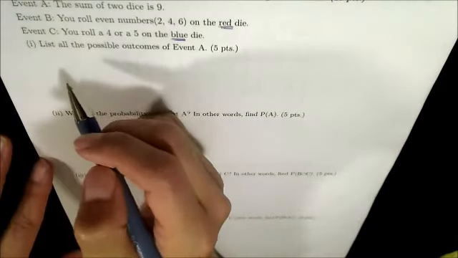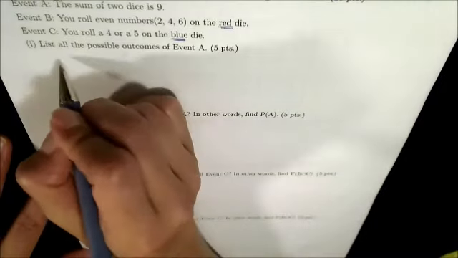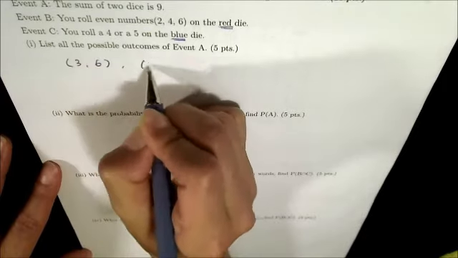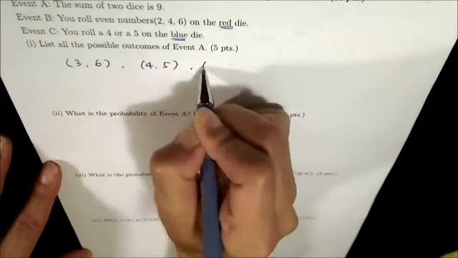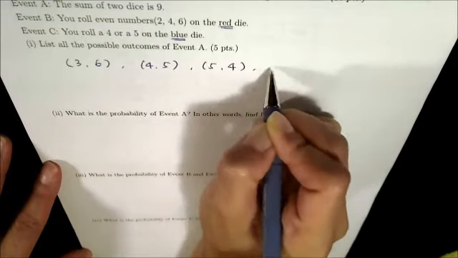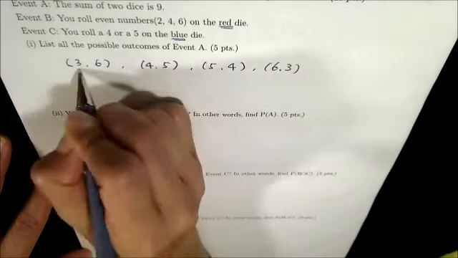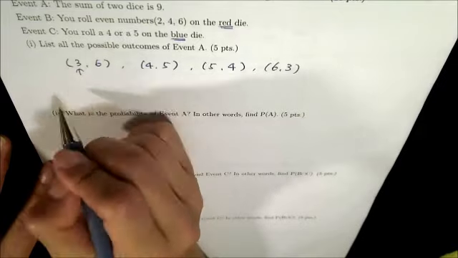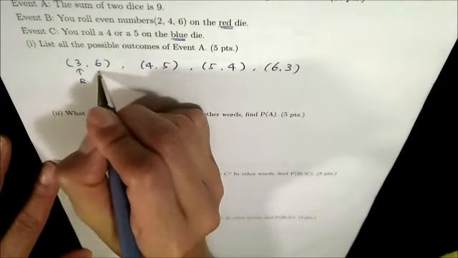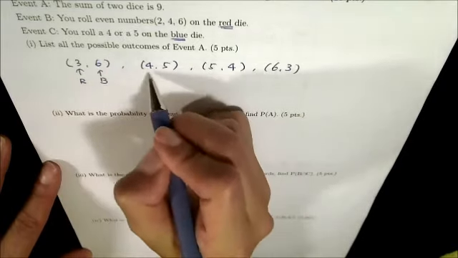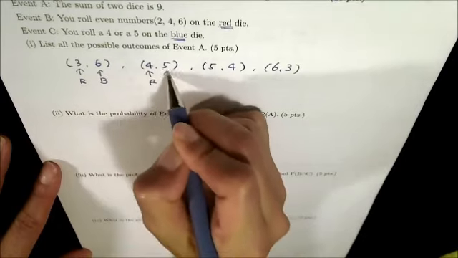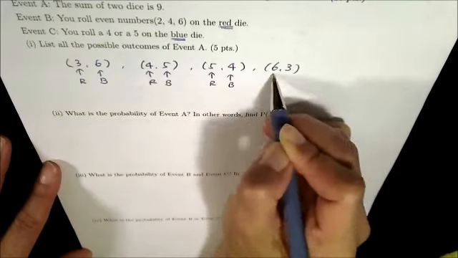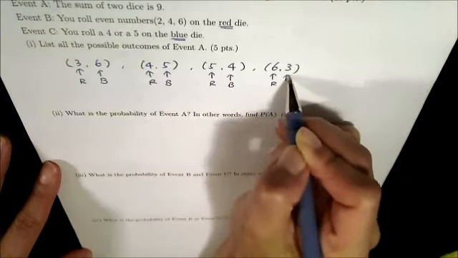So I can start, well, from maybe 3, 6, 4, 5, 5, 4, 6, 3. The first entry is red, and the second is blue. Again, red, blue, red, blue, red, blue.